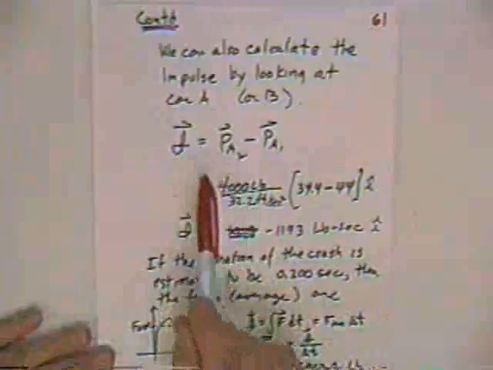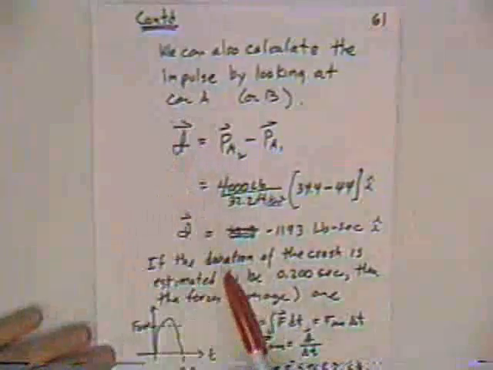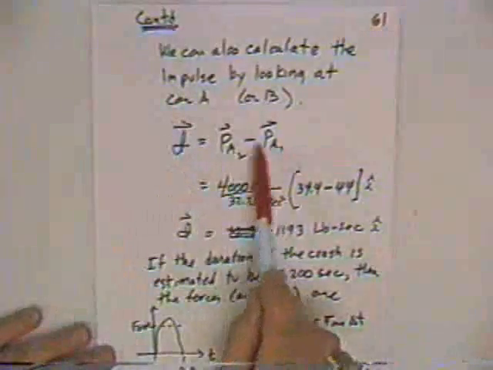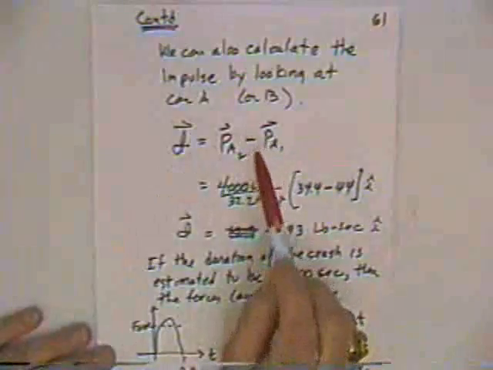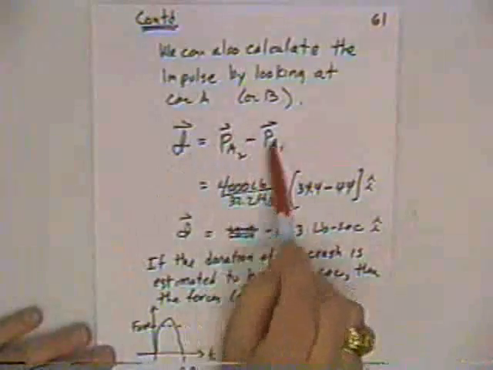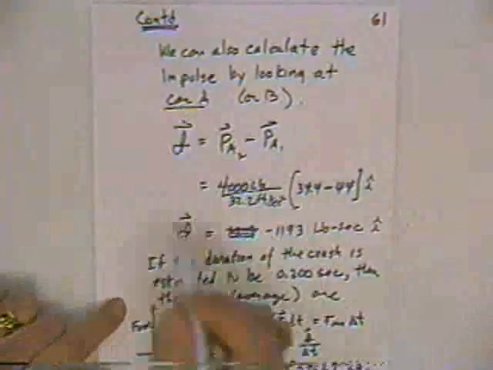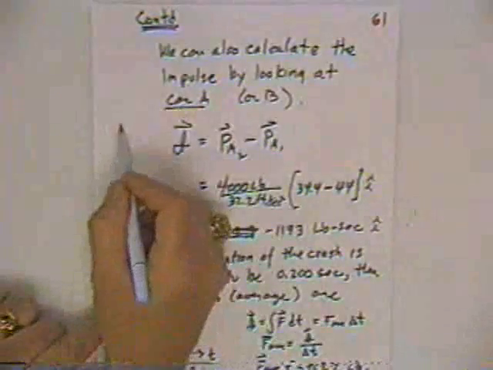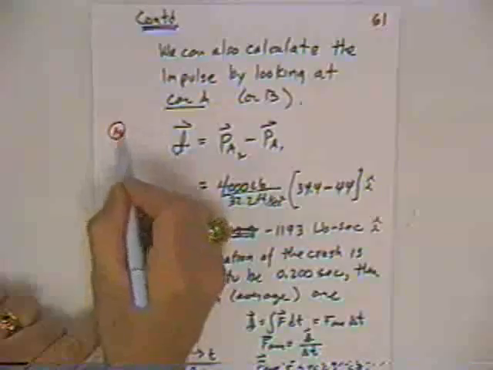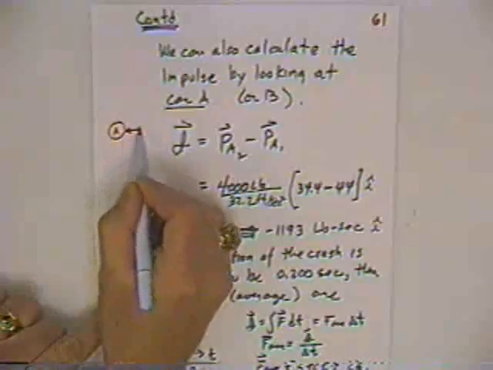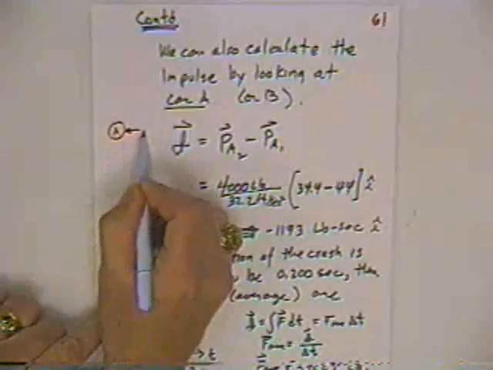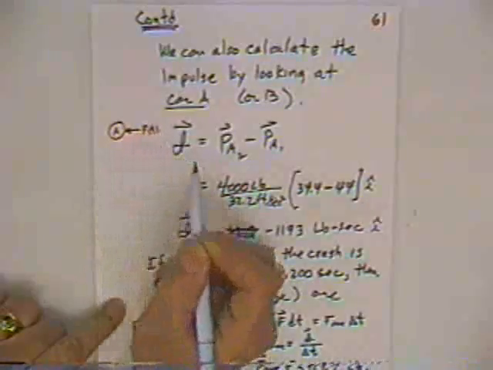Here, looking at the same problem, is a calculation of the impulsive force. Since I know the change in linear momentum of car A, now I'm restricting my investigation just to one car. That's the pickup, right? So I know car A, during collision, has a force on it, F, that's a function of time, right?